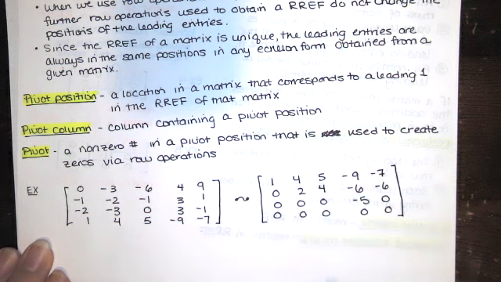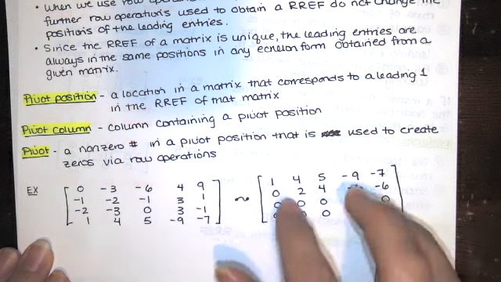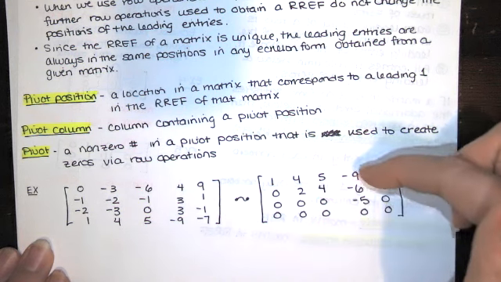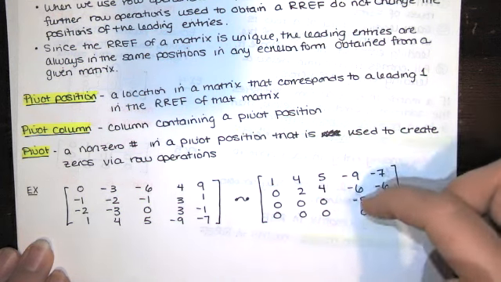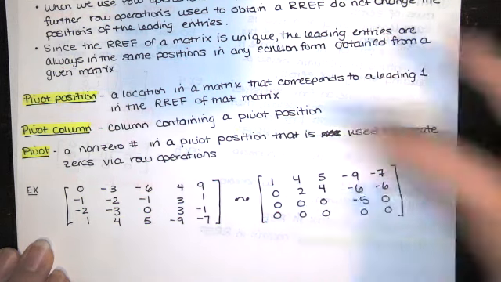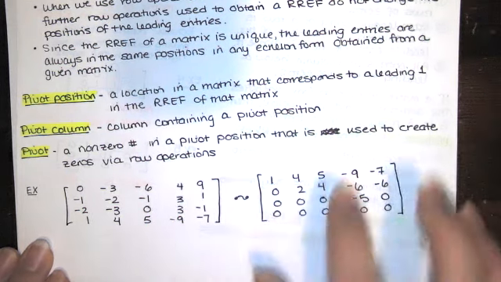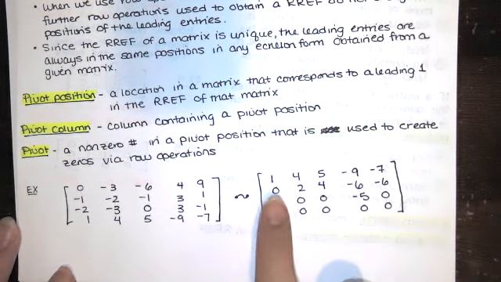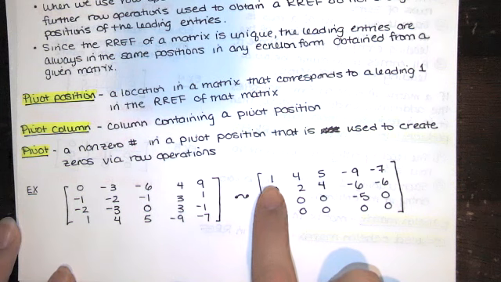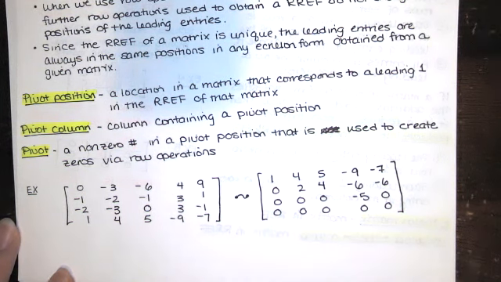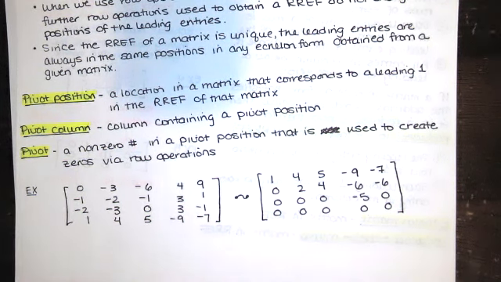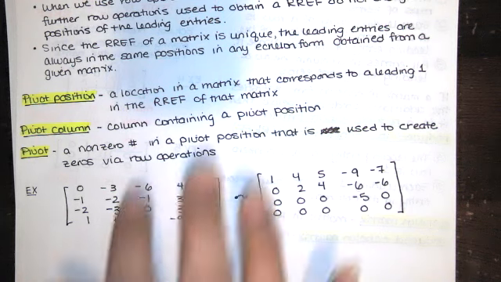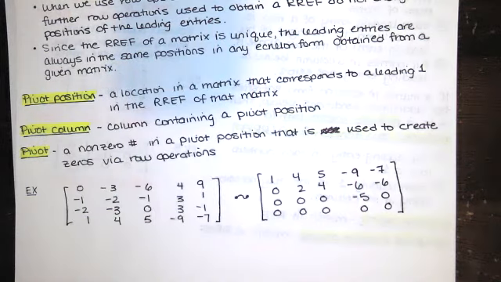Because when I take those and rescale them and then multiply by constants to get these entries to be 0 above this -5 and this entry to be 0 above the 2, when we're doing all of that, even if we're starting with different numbers in this position and this position, they're all going to be starting at the same location because they're all going to the same place. And they're going to that same place of that reduced row echelon form that is unique for that matrix.